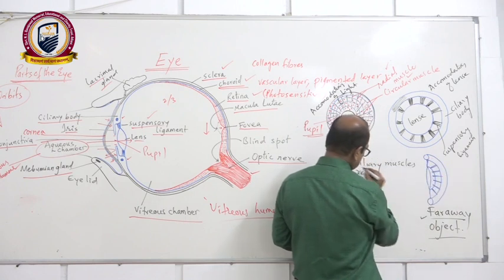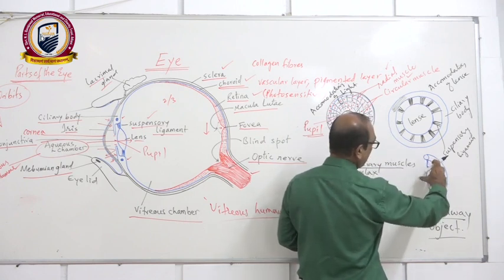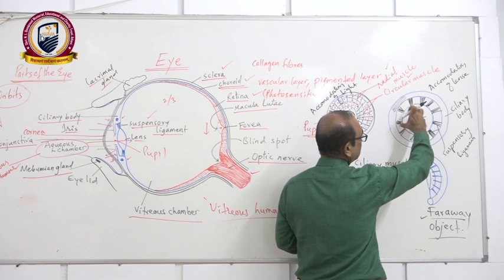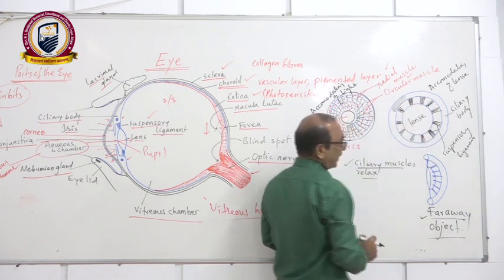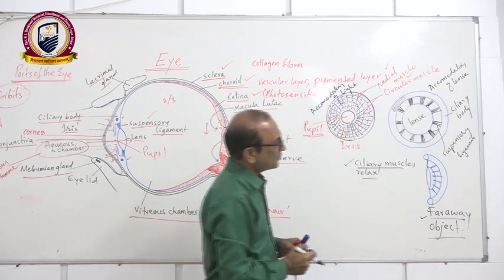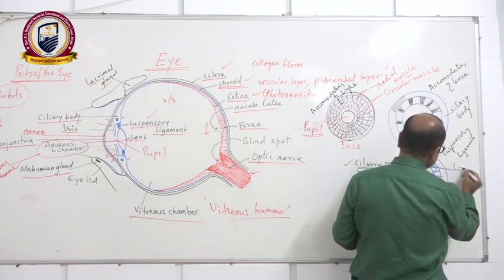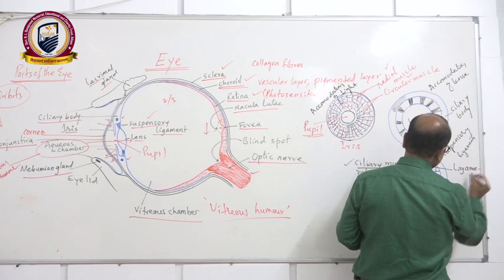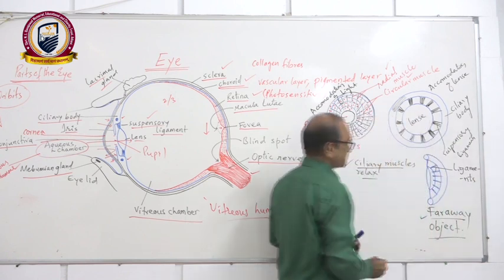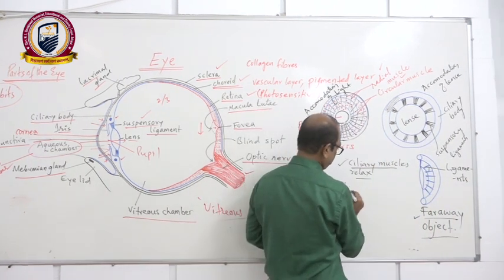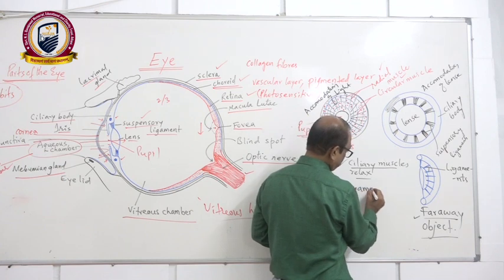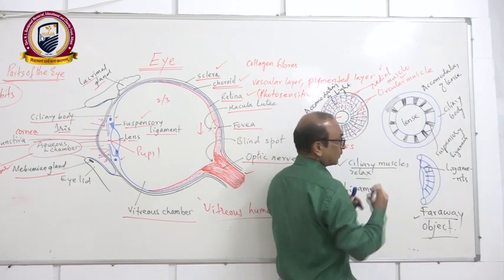So ciliary muscles relax, they move away from the lens, and that's why the ligaments get stretched, because they are pulled apart.